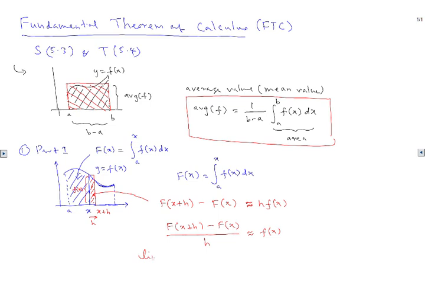So when you take the limit as h goes to 0, f(x+h) minus f(x) over h, what will happen? Then this simply becomes the value f(x), because h is getting smaller and smaller.